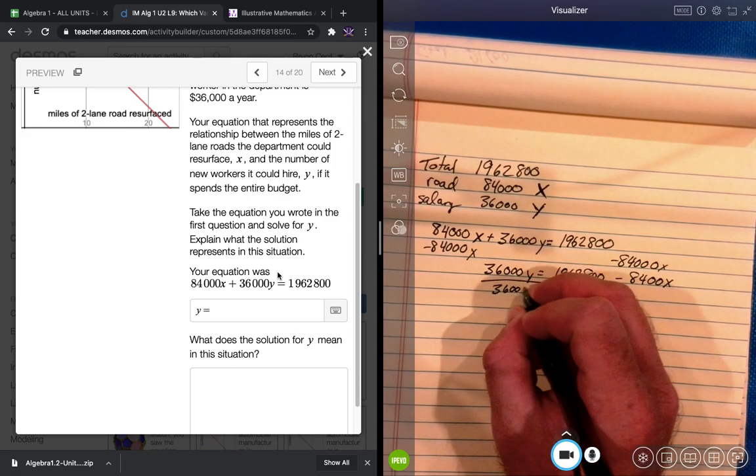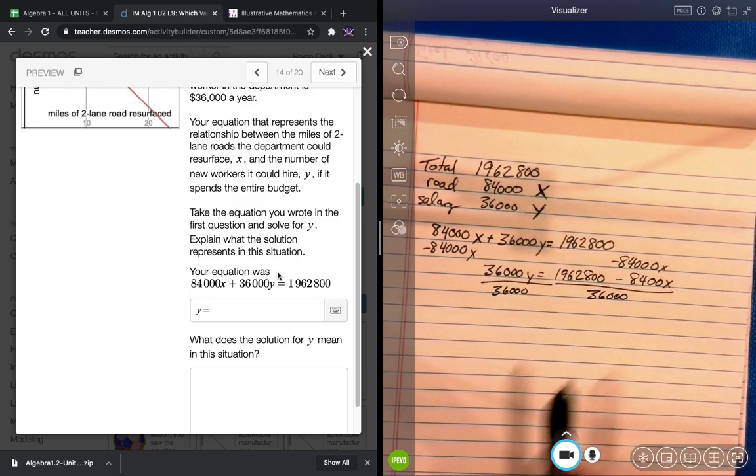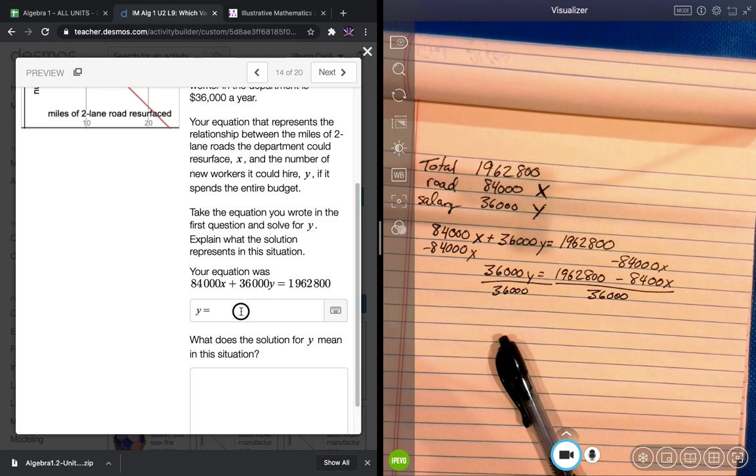Isolate your variable, and we'll have the amount of workers that we have. Okay, guys, so that's going to be the one. Let's put it in parentheses so that we know 1,962,800 minus the 84,000x.